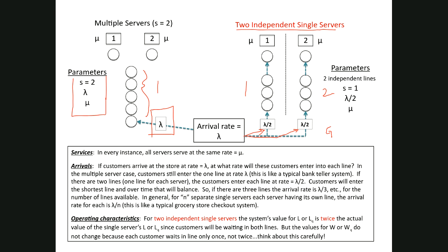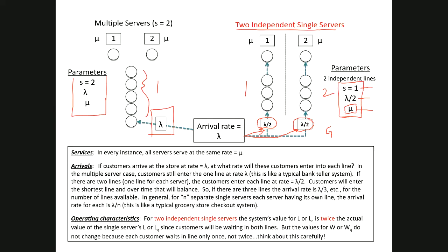So the actual effective arrival rate for each one of these lines is lambda divided by 2. And we're going to evaluate this as two independent single server systems with these parameters, where we have a single server, the arrival rate is lambda over 2, and the service rate is mu. That service rate doesn't change because the servers provide the same service.